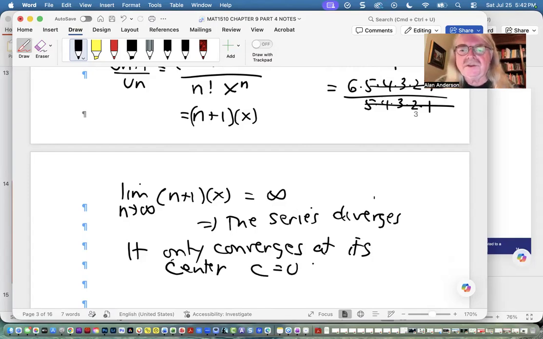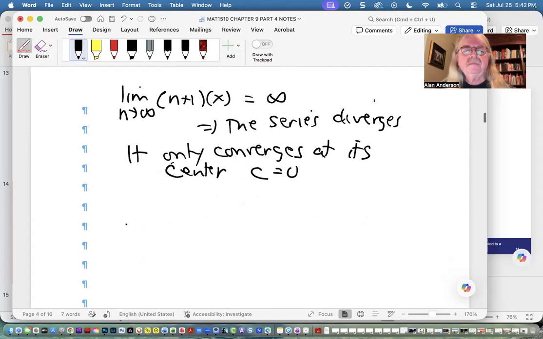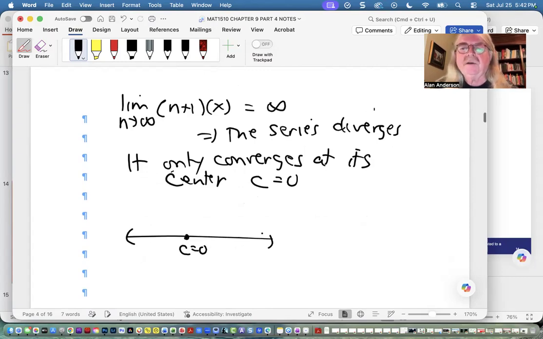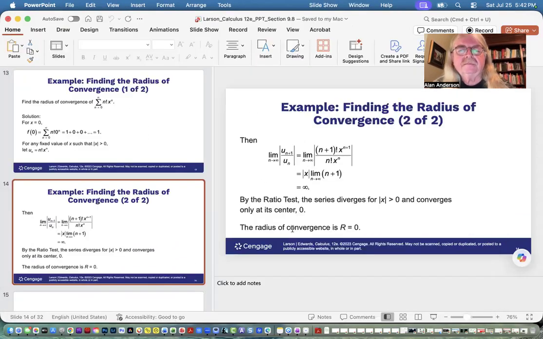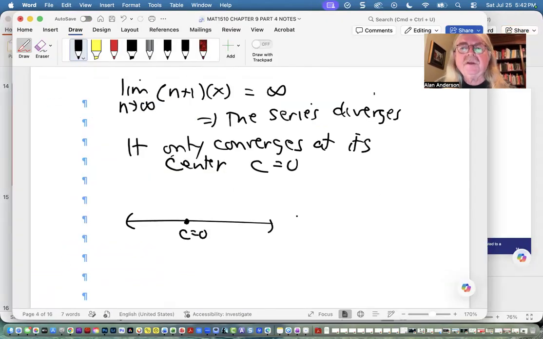Everywhere else it diverges. So its interval of convergence would just be that one point. And formally, this R, the radius of convergence, would be defined as zero.